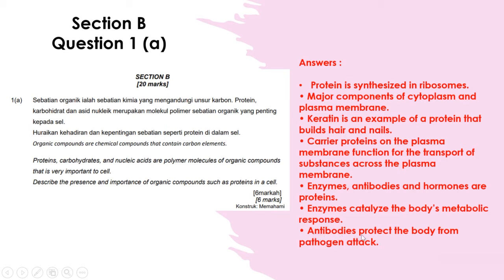Antibodies function to protect the body from infection or pathogen attack. So in the suggested answer here, there are already 7 points. You can write more than that to get the full mark.